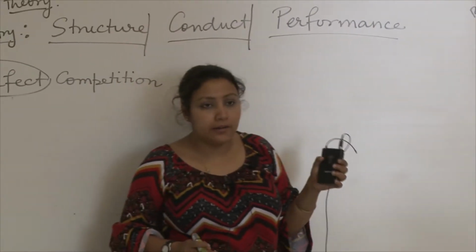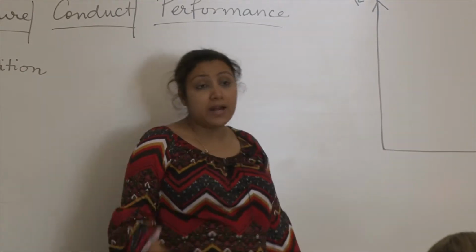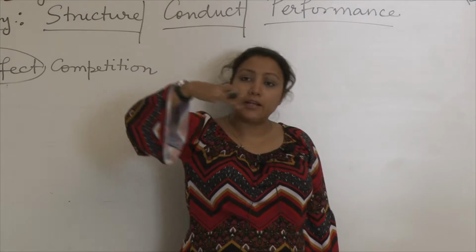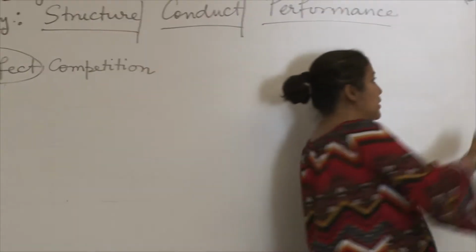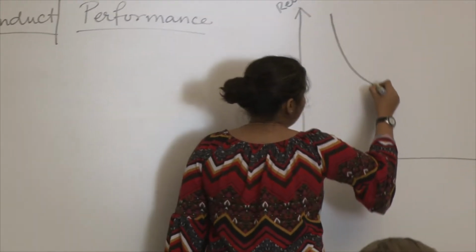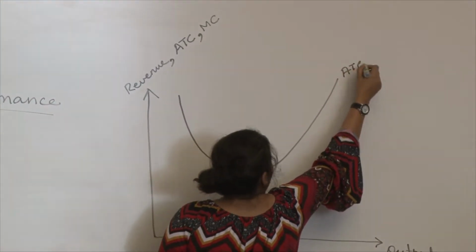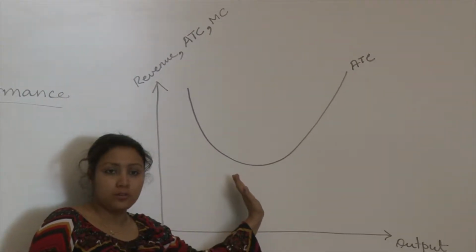Okay? Is that clear? Now, if you remember, we had that ATC curve which we talked about, which is a U shape, first falling downward and then rising upward. So, the ATC curve looks like that. Remember? Here it is the spreading out effect which is dominant.